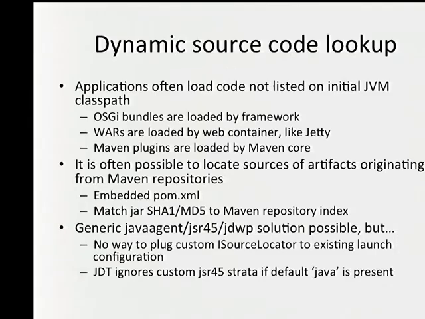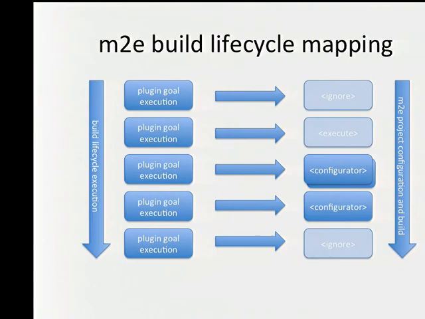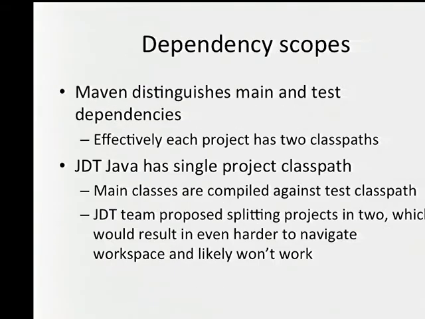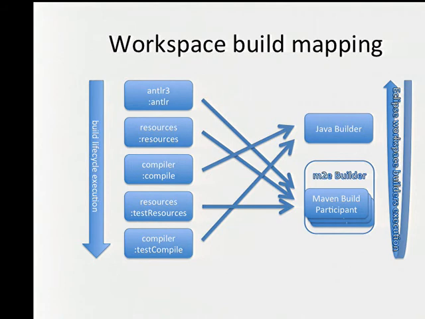All right, so if we go back to this picture, the lifecycle mapping diagram, what I forgot to mention is that the same lifecycle mapping m2e uses during project configuration, it also uses during project build. But unlike project configuration, where we have the luxury of being able to execute project configurators in the same order as the Maven plugins they correspond to, during the build, the granularity of builders and corresponding Maven plugins is often different.